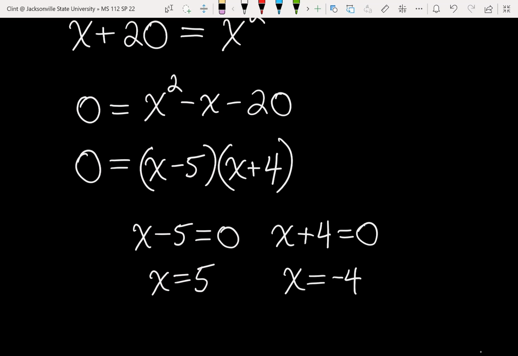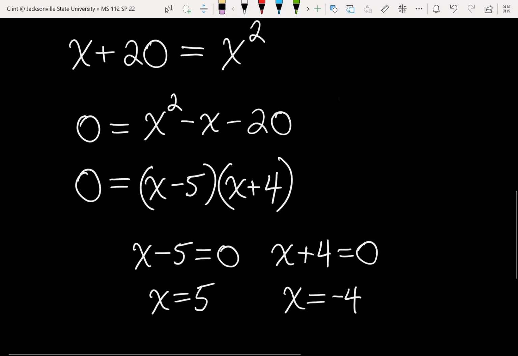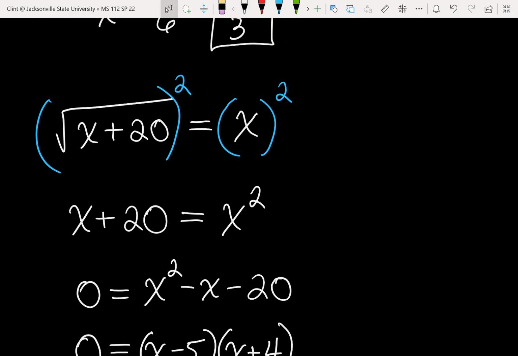We got one other thing we got to be careful about. When we do this thing where we square both sides, that means we need to be extra careful to check our solutions.